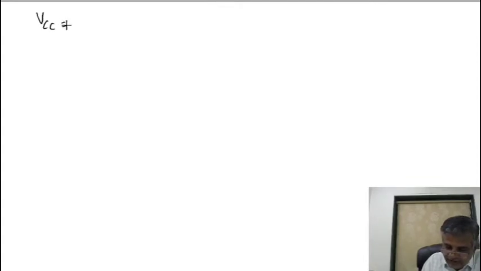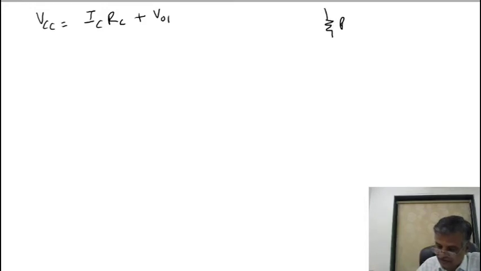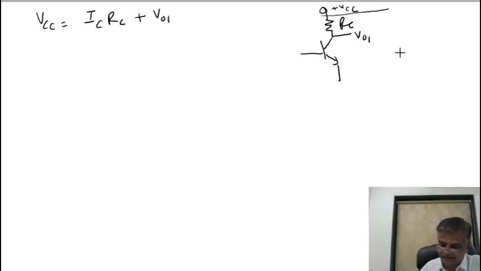VCC you can write as IC into RC plus VO1, from the circuit. I can draw the circuit again here. This is VO1, here it is plus VCC. I think you know this for the second time. This is your RE.